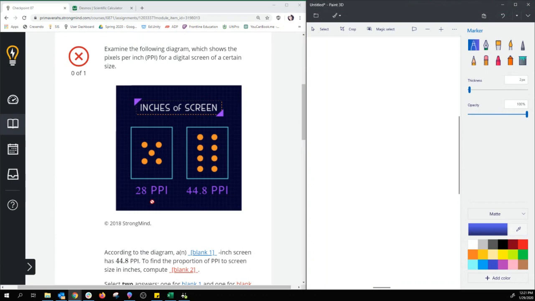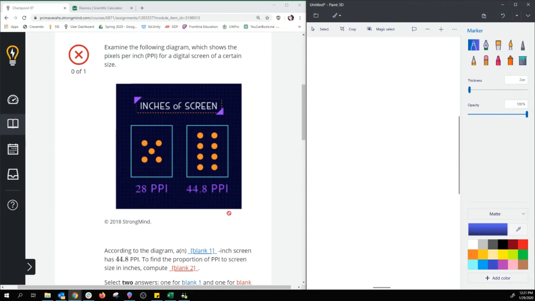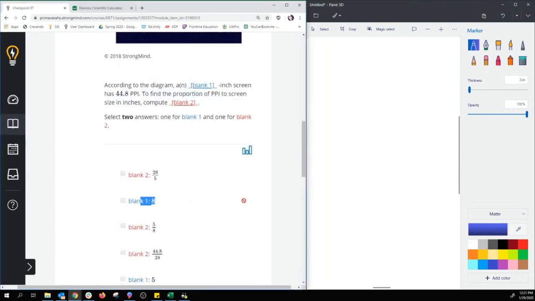So we just said that when I have 28 PPI, I had 5. So if I have 44.8, I would have how many inches of screen? So Dawson, out of your guess, which one do you think is more correct? Eight, exactly. So for blank 1, we're going to choose 8.